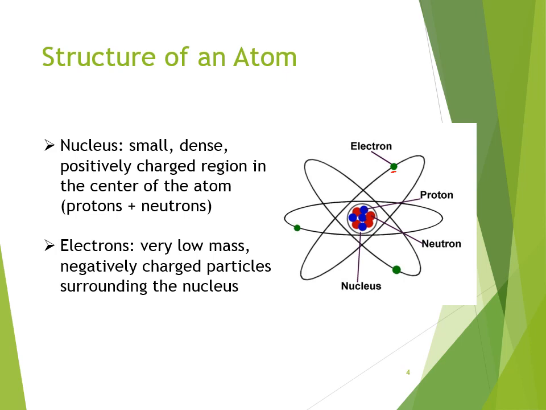Electrons have a very low mass, and they're those negatively charged particles, and so they're surrounding that positively charged nucleus. Because the nucleus is positively charged due to the protons, and the electrons are negatively charged, they're attracted to each other, which helps make the electrons orbit that positively charged nucleus.